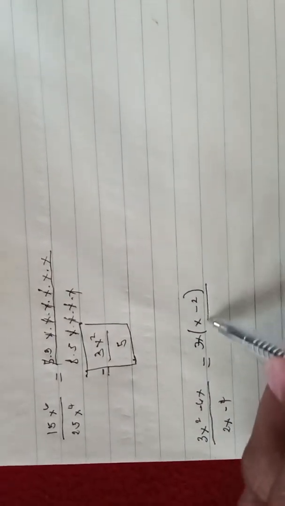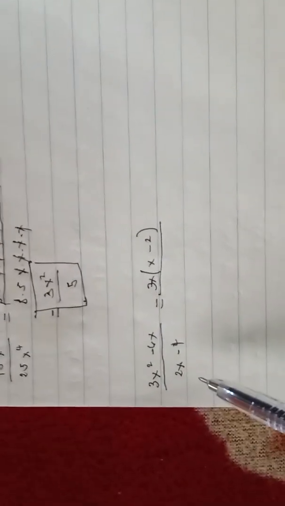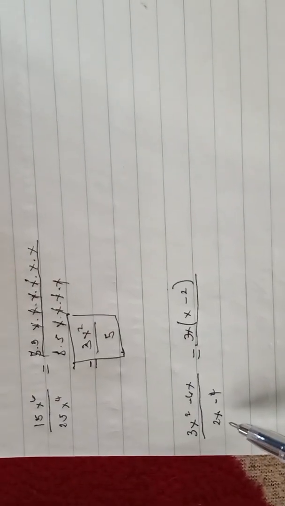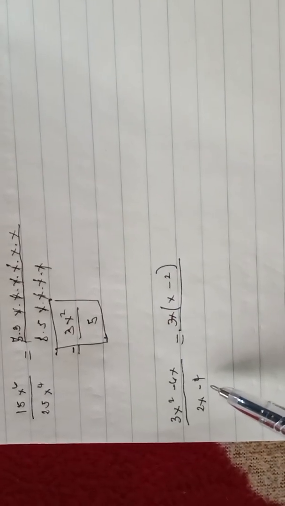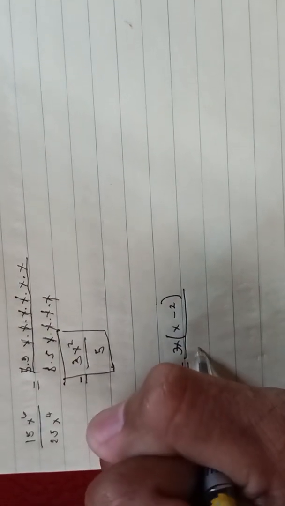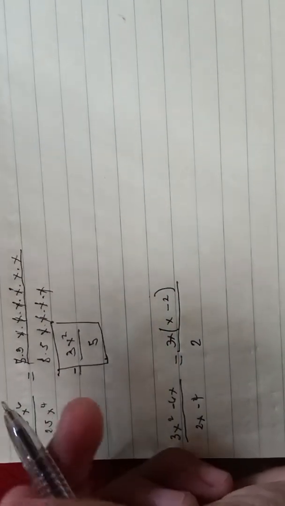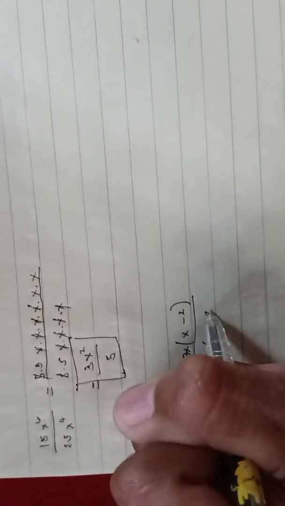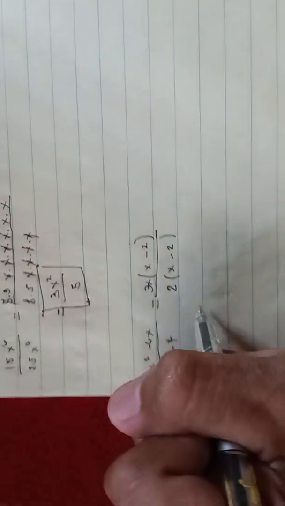And sa denominator, alam naman natin na ang 4 is divisible by 2, so that we can factor out like this: 2 times x minus 2. Okay. As you can see, there are like terms.